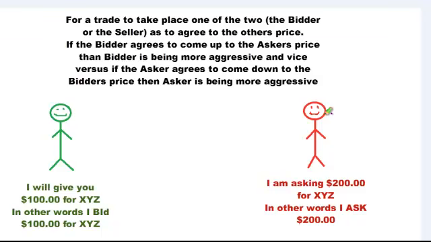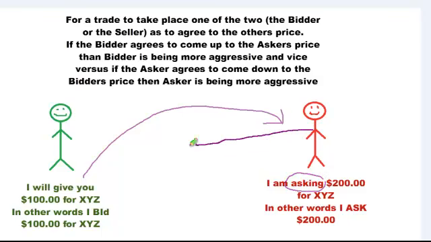You are willing to sell to me at $200. For this to work out, one of us has to facilitate the trade. Either I've got to come up and pay what you're asking, or I've got to come down and take what you're bidding, one or the other.